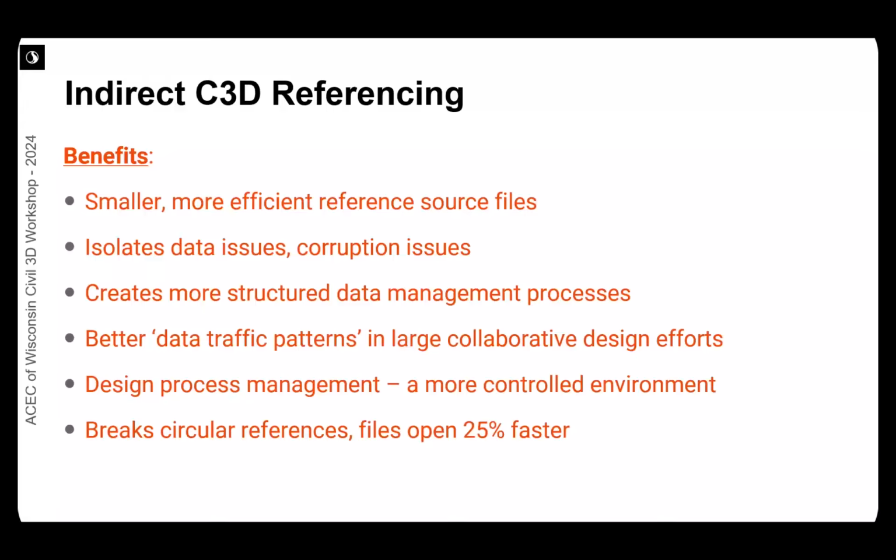Well, by using the indirect reference pattern, what we see is just a more static reference source file system where all these incremental saves in the DWG file are not necessarily being published to a new reference source file. So now when I'm working in my corridor, if I'm working on a surface file, every time I save the DWG file to preserve my work, it doesn't necessarily create a data reference that needs to be synchronized everywhere else that this file is, or that object is being derefed.